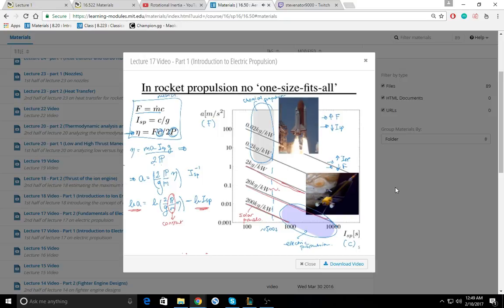And then we can go to this line here. So if the power available comes from either solar panels or nuclear reactors, our electric propulsion systems must lie in this range here. There's a power limitation. If we had power sources that had higher power per unit mass, we would be able to push that envelope up.